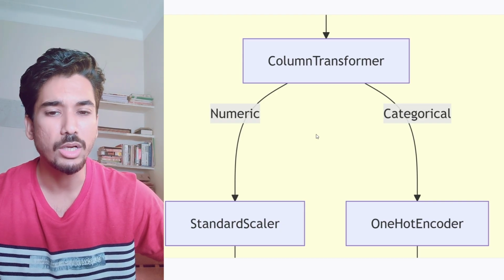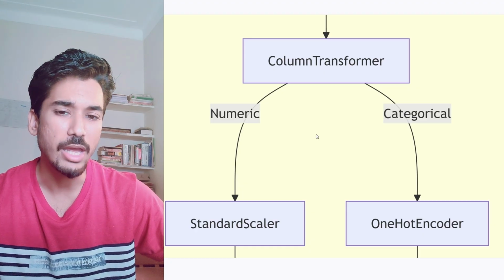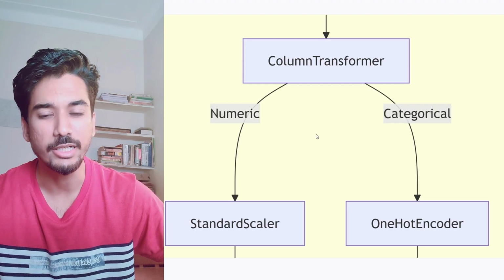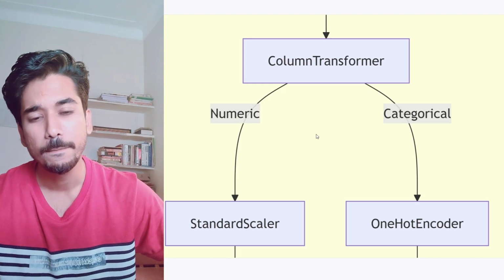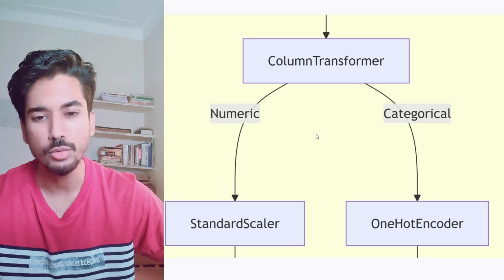And then there is one hot encoder for categorical attributes. If the attribute is in classes, like in our case, we had not started, in progress, and completed, those three stages of exercise completion, I think, we need to translate that into numbers.